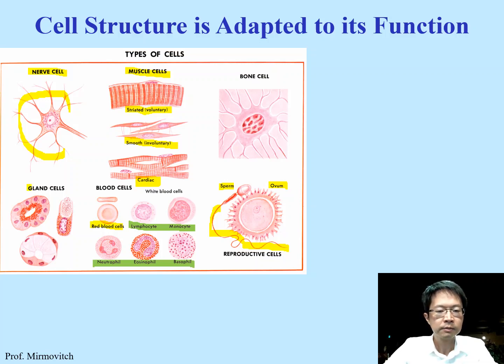Glands. Glands are cells that do secretion. As I told you before, why do we need to learn about transcription and translation, the central dogma? Because let's say your saliva contains an enzyme called amylase, right? Amylase can break down starch. How do we make amylase?